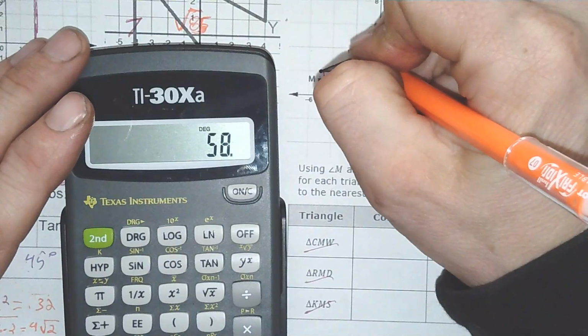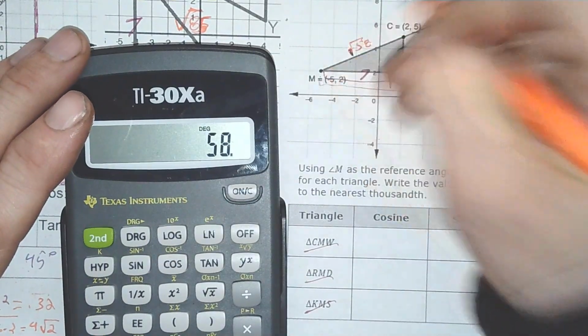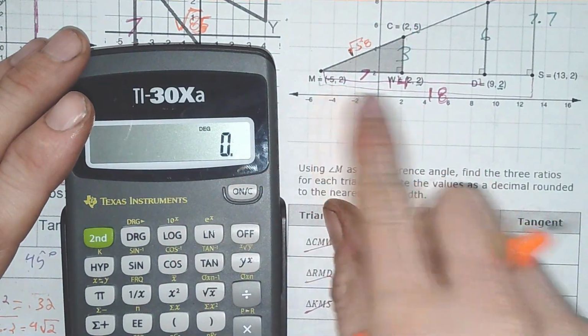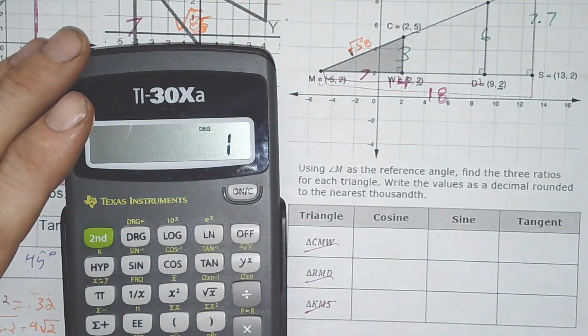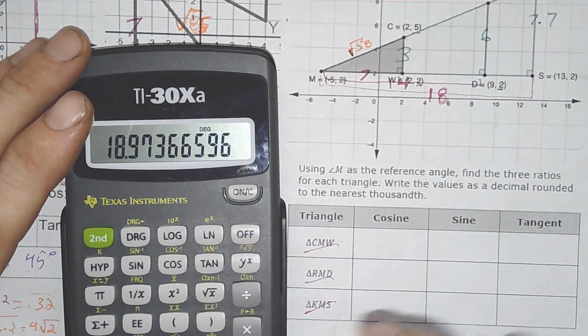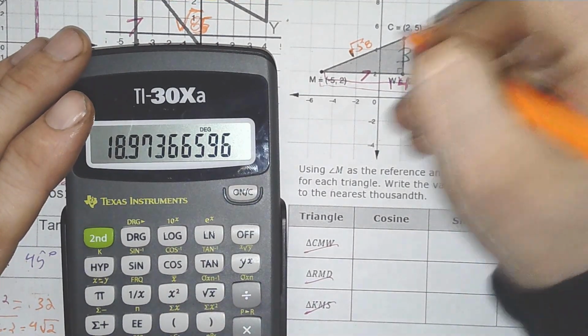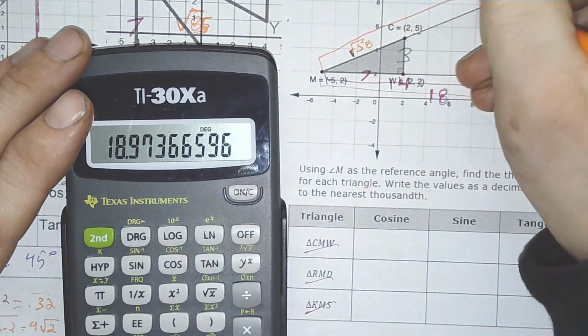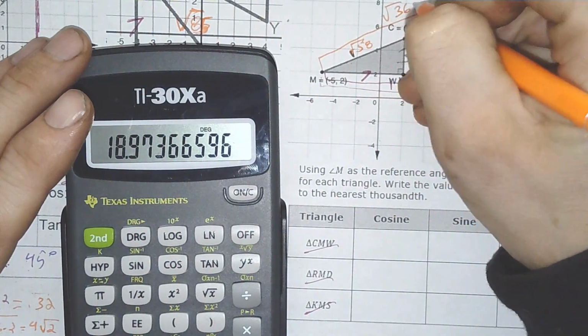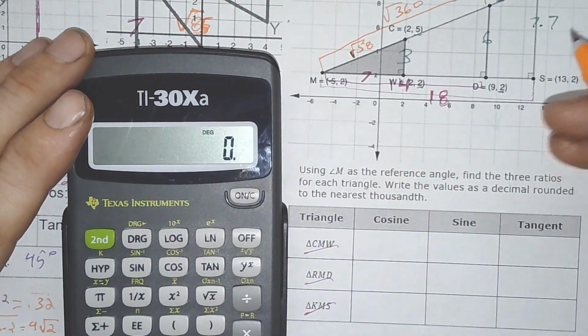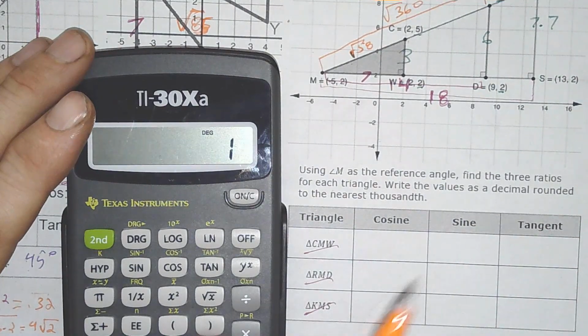And then it's going to be 18 squared plus 6 squared, equals, take the square root of 360. Oh wait, was that 14 squared?